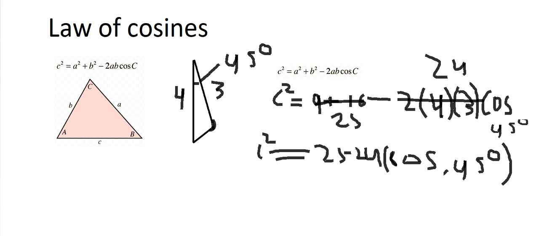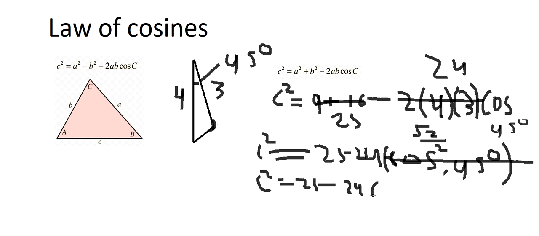So it's basically c squared is equal to 25 minus 24 times square root of 2 over 2. So this thing cancels and just becomes 12 square roots of 2.